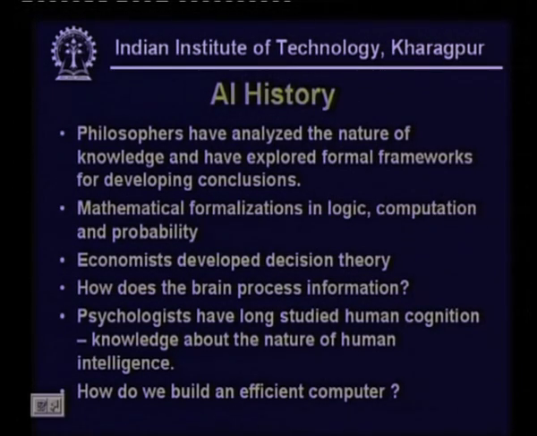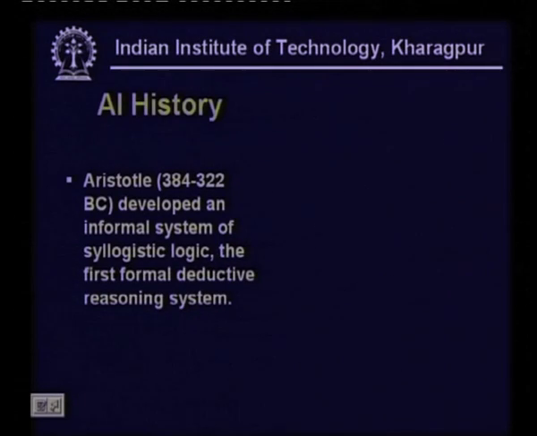Economists have developed decision theory and reasoned about, not economists, biologists have reasoned about how the brain processes information. Psychologists have long studied human cognition, and they require a knowledge about the nature of human intelligence. And finally, we want to know how to build an efficient computer.